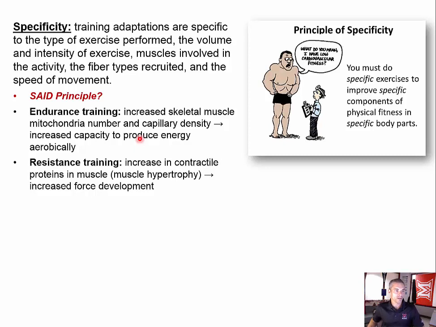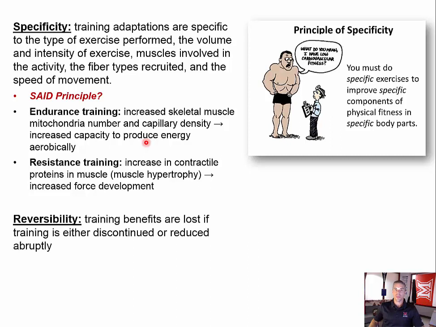With resistance training, the primary adaptation we see within skeletal muscles is an increase in protein synthesis over time, leading to an increase in contractile proteins within skeletal muscle, a process that we call muscle hypertrophy. And overall, this leads to an increase in force development.